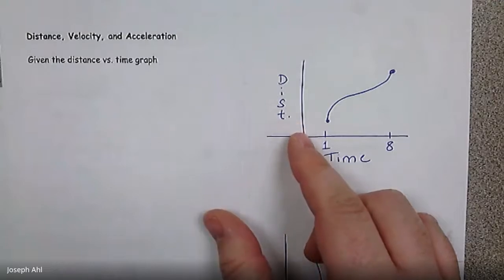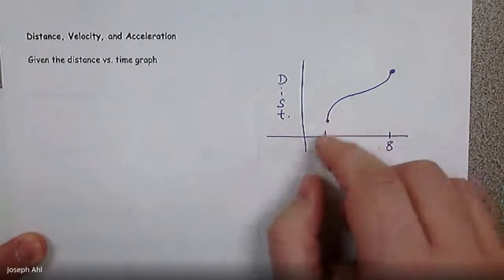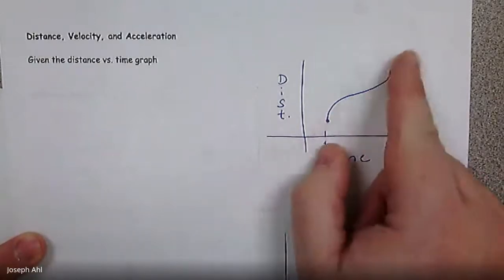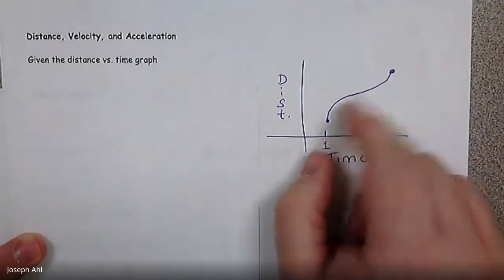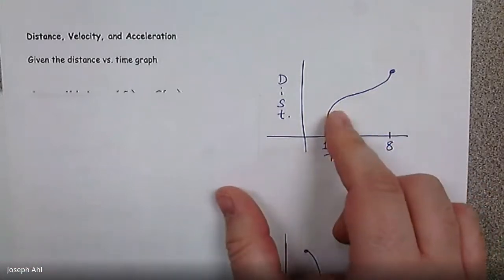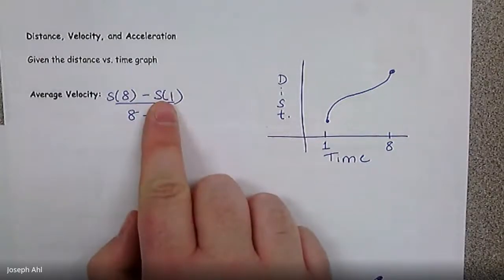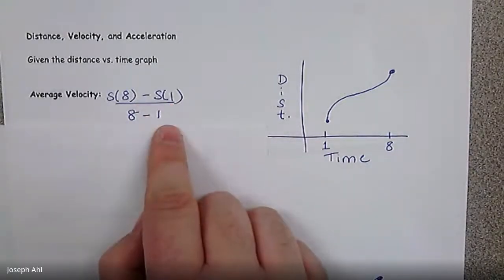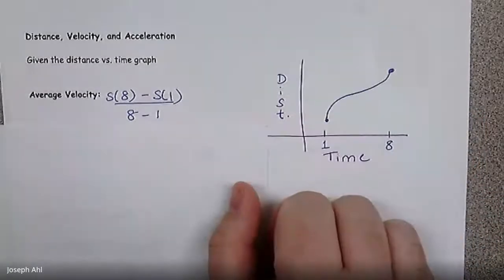I might ask you for something like, what is the average velocity? Average velocity, given this distance and time graph, this position curve, would just be the slope of the secant line. So to find the slope of the secant, usually S is our position, so that's why you'll see S's here: S of 8 minus S of 1 over the change in x, which is 8 minus 1. So that's my average velocity given the position function.